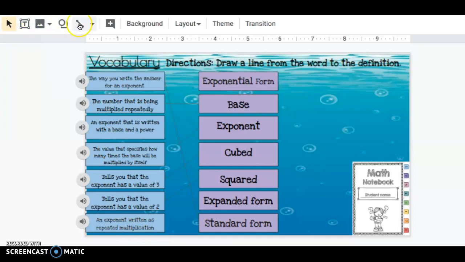So that means that we are going to draw our line to the one that tells us to repeatedly multiply. And our last one is exponential form. It has the word exponent in it, so we know that it's an exponent that is written with a base and a power, just a fancy way to write an exponent with a base, right? So again, this is vocabulary for Tuesday.